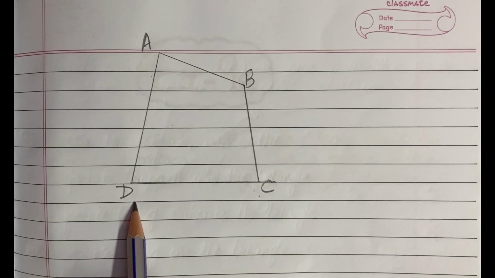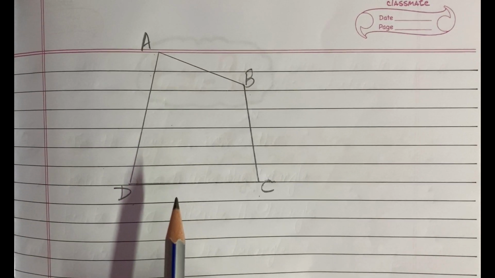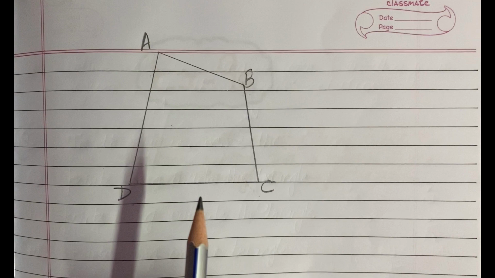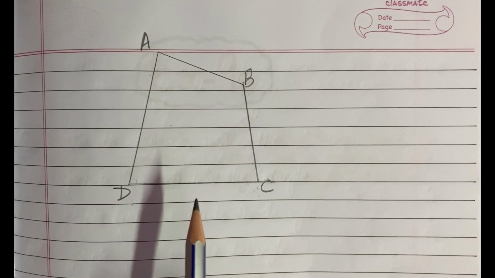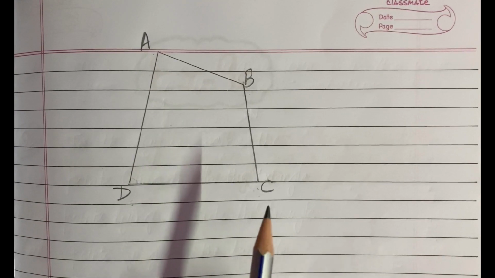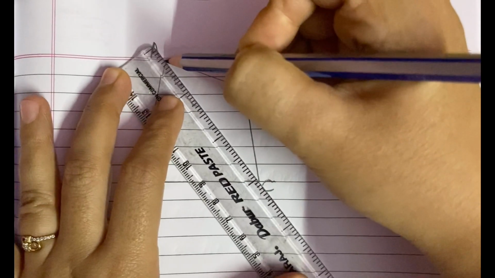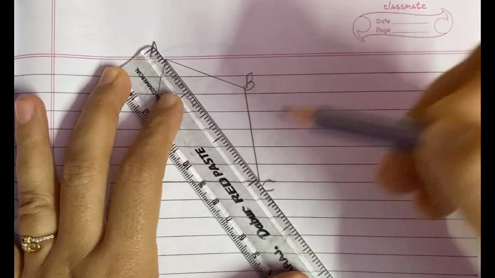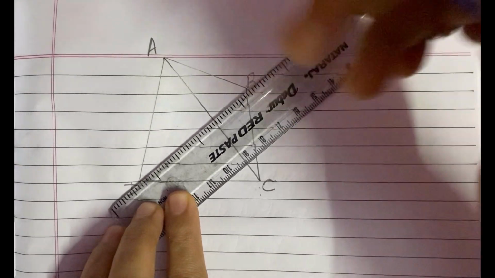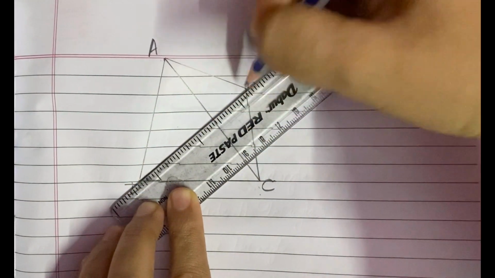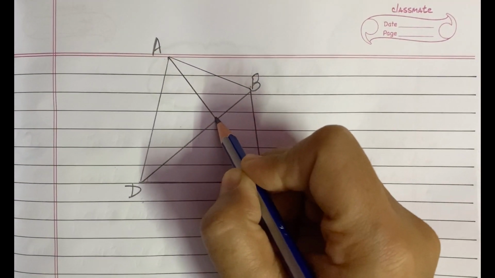Now in this quadrilateral we have to draw the diagonals, and we know that the lines that join opposite vertices are called diagonals of the quadrilateral. So here join AC, A and C. Opposite vertices we have to join A and C, join B and D. Okay, so AC and BD are the diagonals, and it is written in the question, these diagonals meet at the point O.